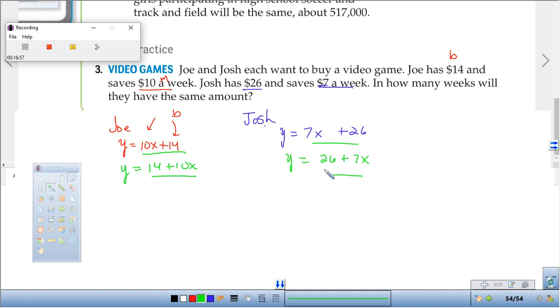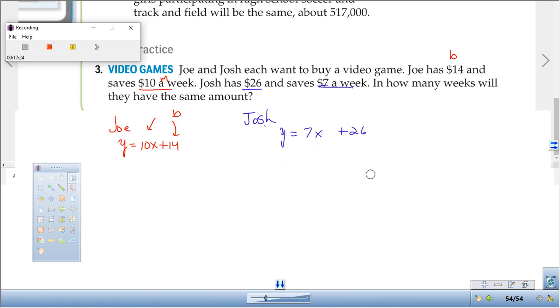The only reason they switch it up is because it reads more pleasant, more convenient to say, hey, that's what you started off at. And now he's increasing at that much. He's starting off at this, and he's increasing that every week. Are they both the same? Yes. So don't freak out if you don't see it exactly the way you do. They just started doing this to confuse you guys. But they teach us y equals mx plus b.